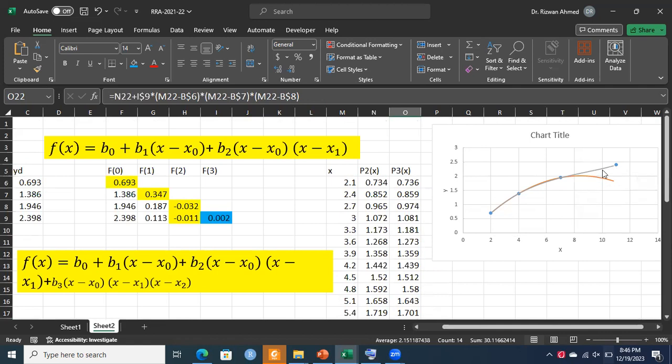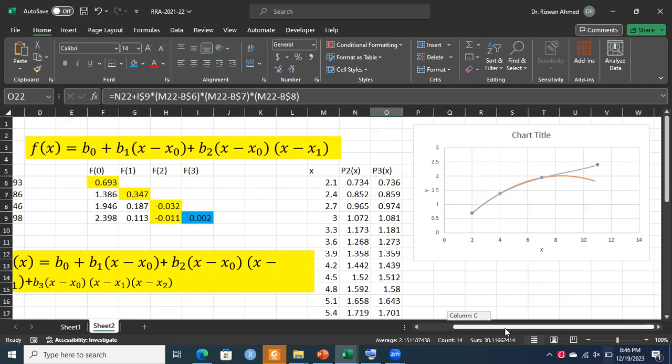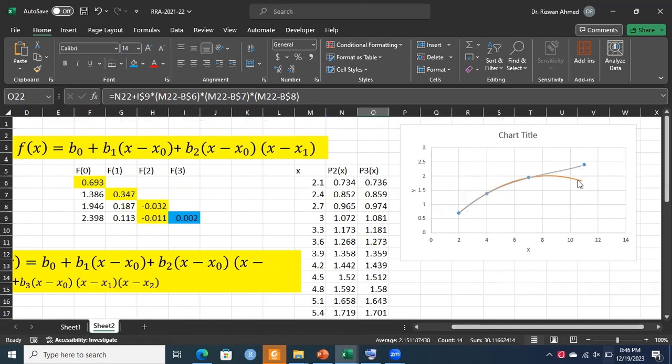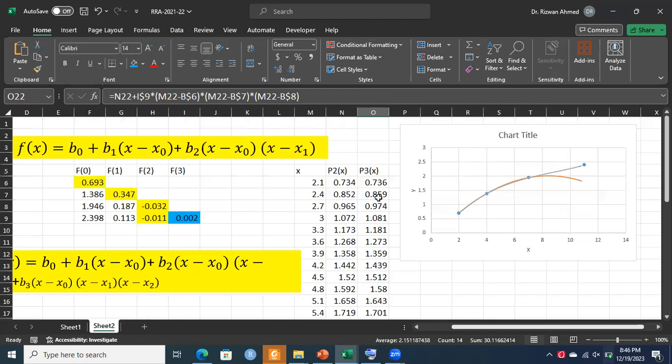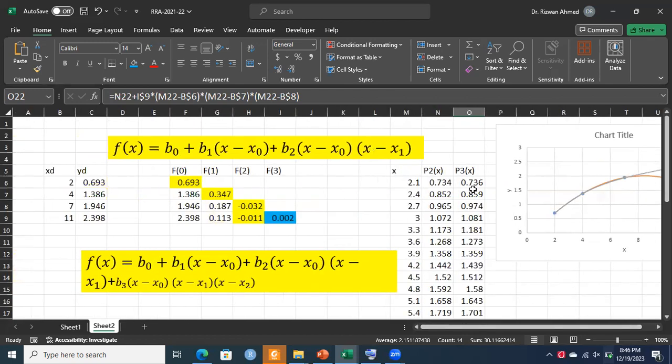However, for the fourth point, since it was not included in the calculation for the second degree polynomial, we have that discrepancy. So Newton polynomials are very handy for use because they make use of earlier polynomial calculations for calculating the next higher degree polynomial.